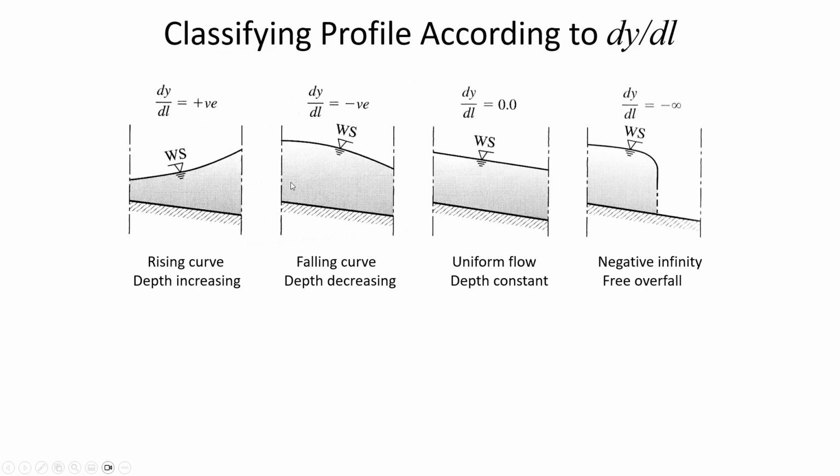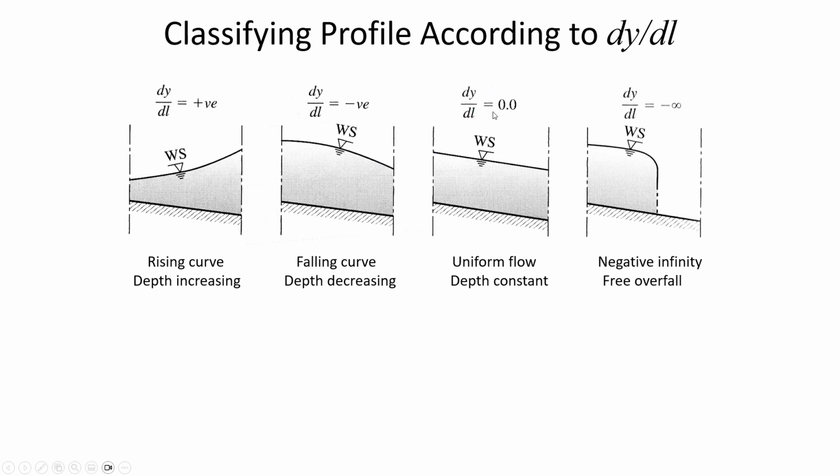So let's look at what it means in terms of dy/dl. If you've got a positive dy/dl, that means that the water depth is increasing in the direction of flow. If dy/dl is negative, that means that the water depth is getting lower.